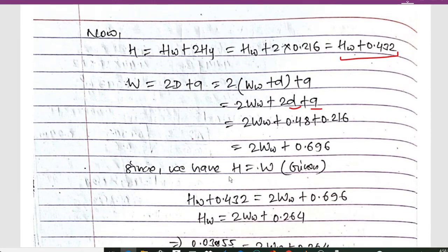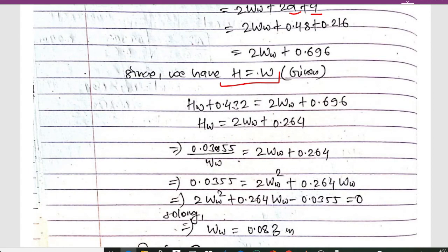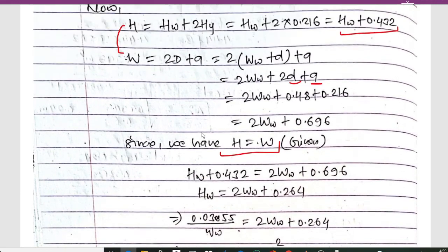And since we have the given condition S equals W, we will equate these two values. So Sw plus 0.432 equals 2Ww plus 0.696, so Sw equals 2Ww plus 0.264. And in place of Sw we can use 0.0355 upon Ww.